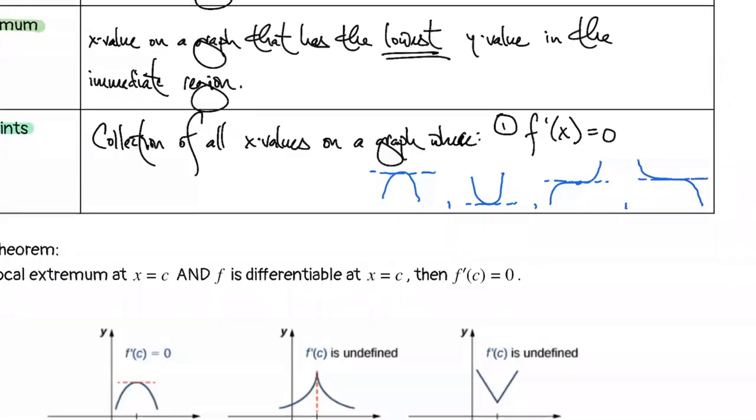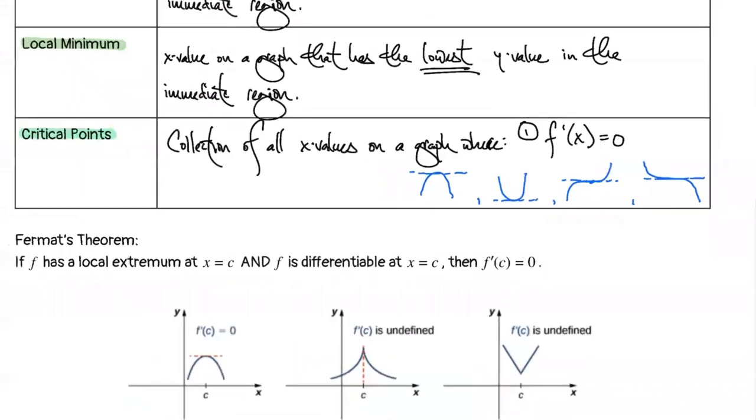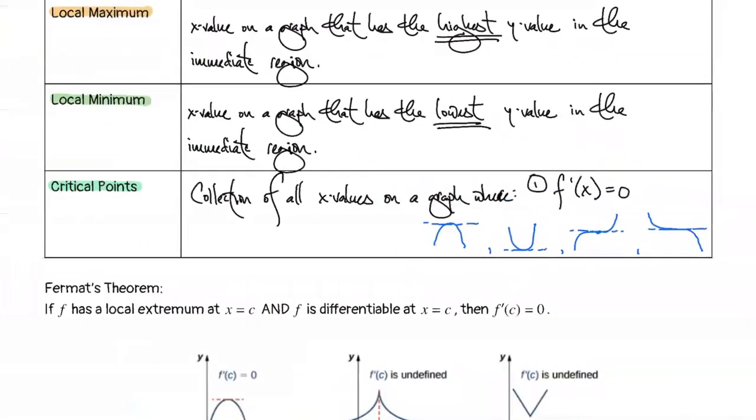Because when we think about just a horizontal line, yes, that has a slope of 0, but then that would be every single point. And we're looking for more general cases, like the top of a bump, the bottom of a bump, that one place where the slope is 0.